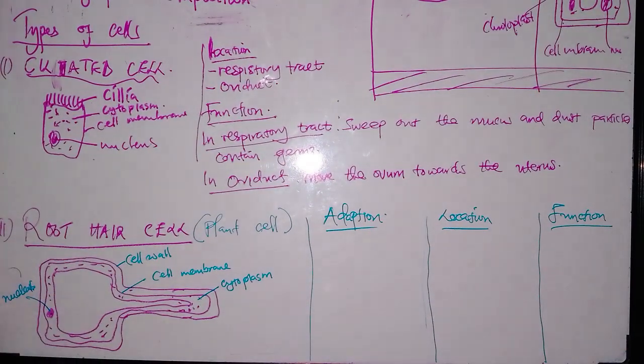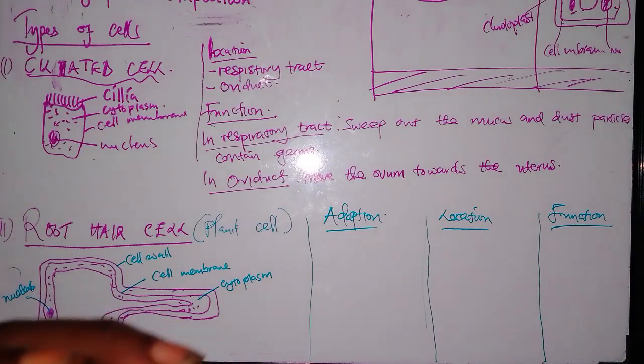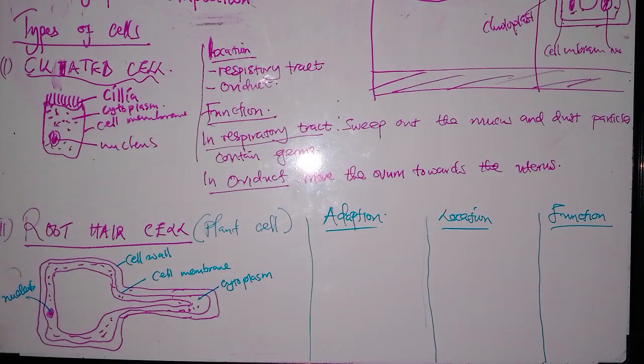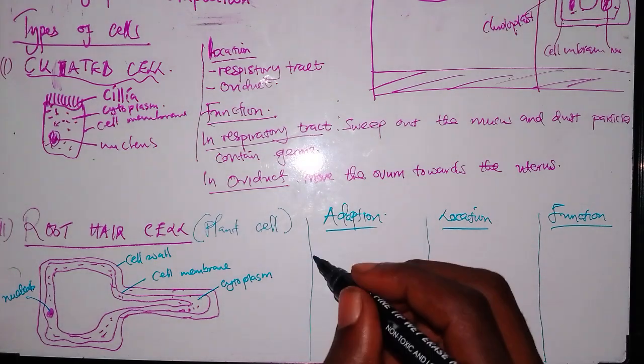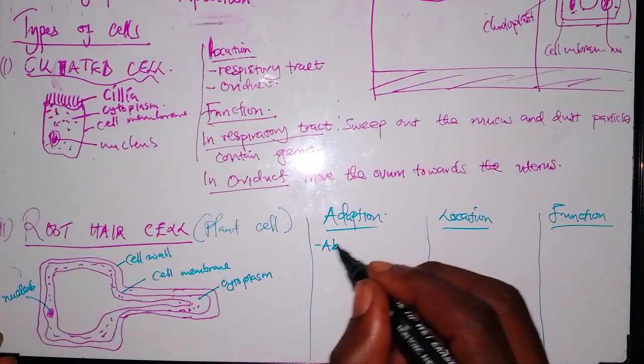So what are some of the adaptations, or what are some of the changes which a root hair cell undergoes? The first one, we can see that it has the absence of chloroplast.